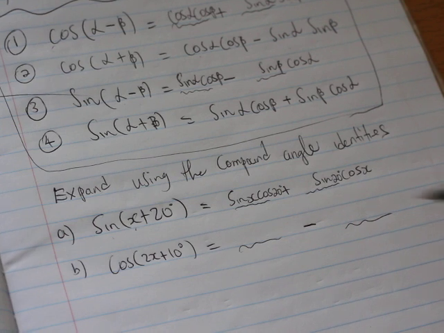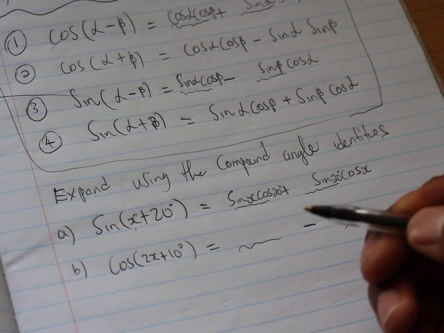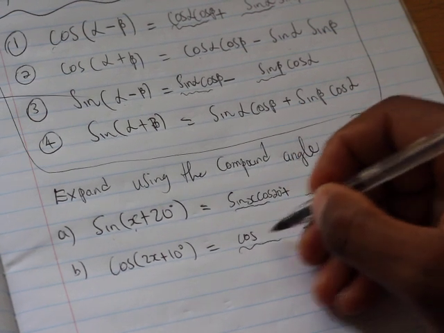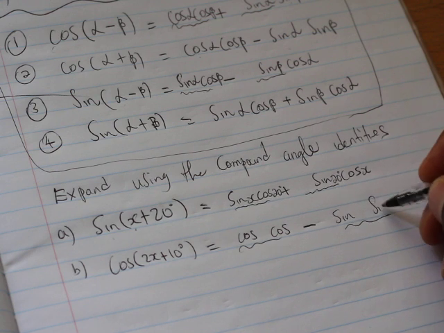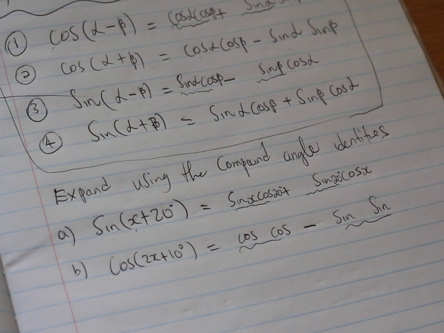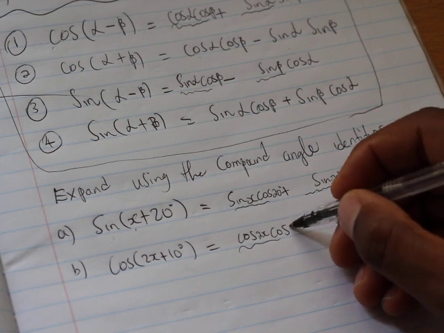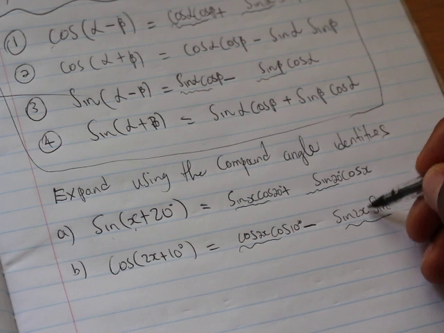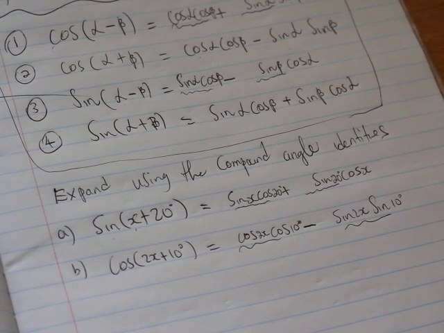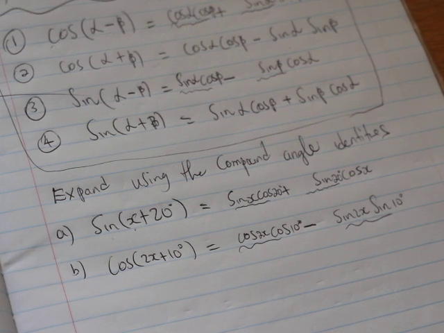Remember, we're dealing with cosine, so the trig ratios are going to be the same: cos cos, sine sine. And then we plug in the angles. Remember, with cosine, we don't have to swap around the angles. It's all done. Cosine is not complicated, y'all.